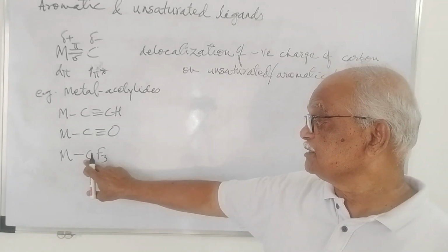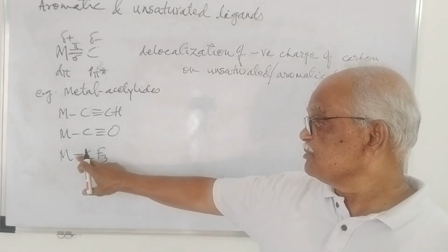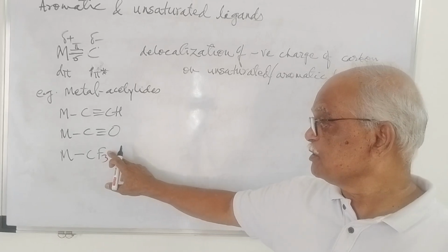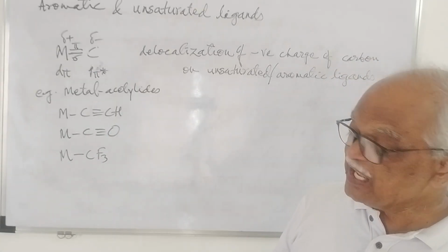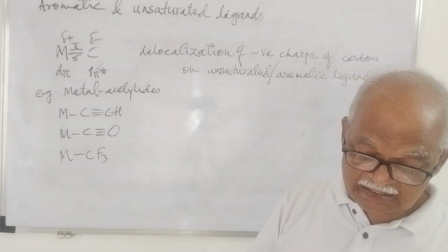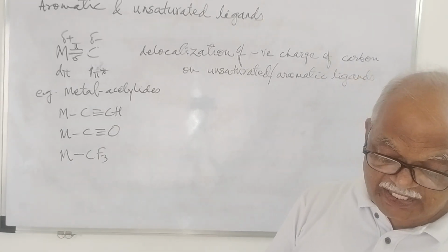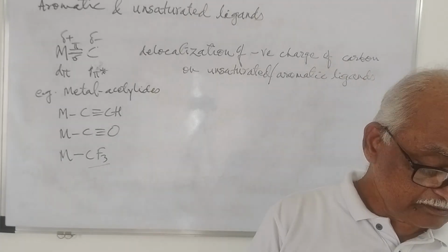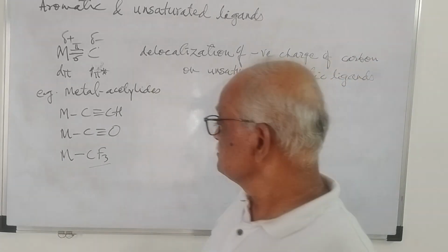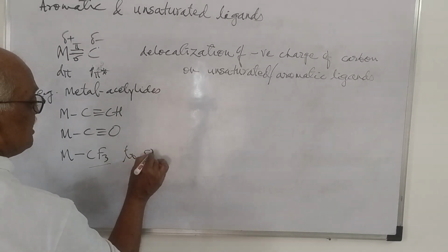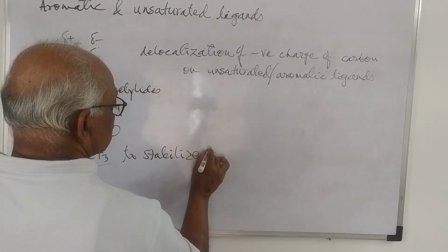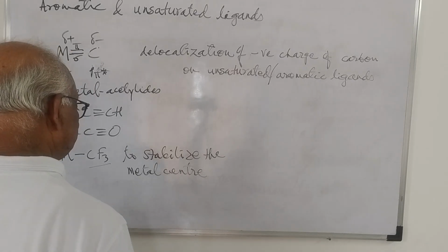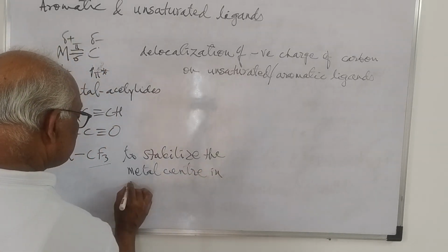As a result, the electron cloud of carbon is drawn from the metal carbon region towards the fluorine atoms, and the metal carbon bond is also highly stabilized. So such ligands are used to stabilize the metal center in higher oxidation states.